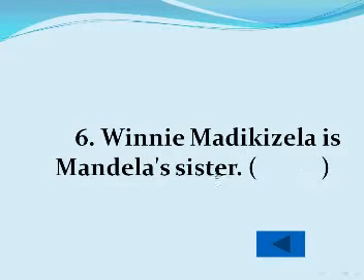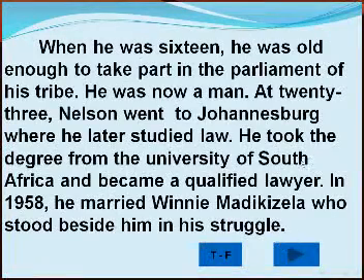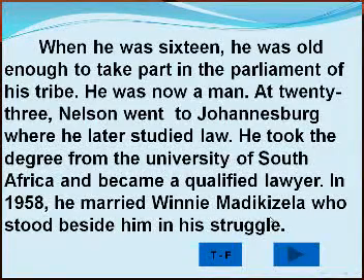Okay, next. Another question is, we have a name here of a woman, and we should make sure, is this woman his sister or was she somebody else? So we'll have to look for this name in the text. Was she Mandela's sister? Let's go back and find out. Winnie Madikizela is Mandela's sister. Let's go back and find out. Okay, so here you'll have the name of the woman.